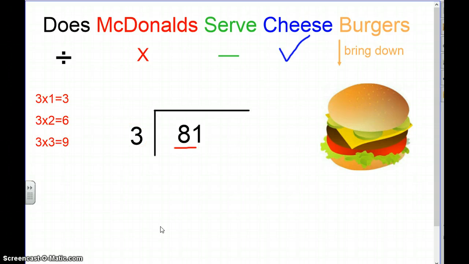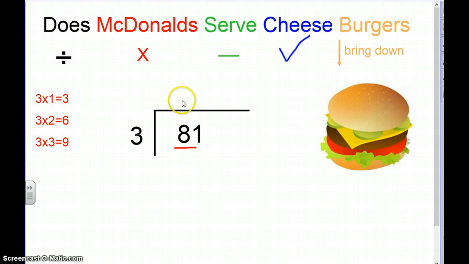So this is where knowing your fast facts is really important, okay? So you're going to ask yourself, okay, how many times is 8 divided by 3? Well, I know that 3 doesn't go into 8 evenly. 3 times nothing equals 8. But we're going to get as close as we can to 8 without going over, okay? So in your head, you should be thinking about your fast facts, thinking, okay, I know 3 times 1 is 3.